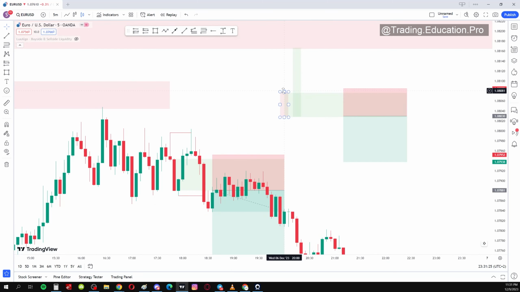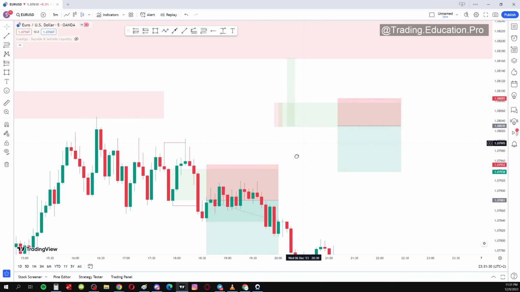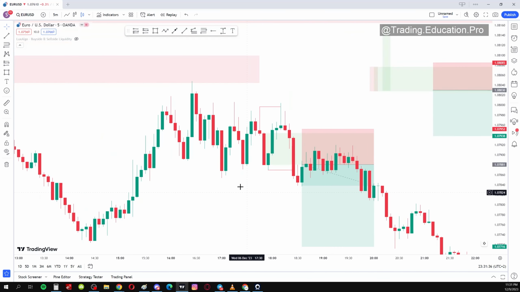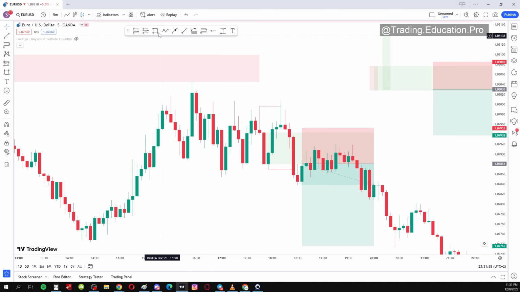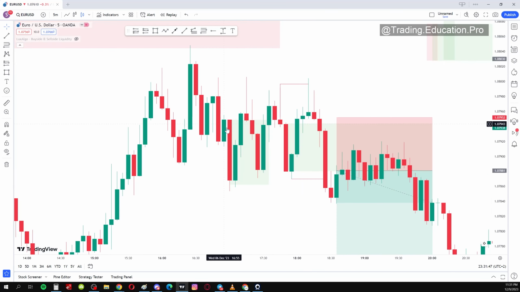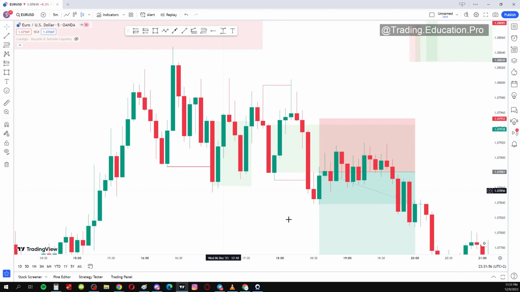An order block is the last red candle before the expansion, before the move happened. So in this case, these are all big order blocks. This red candle here, this one that took out this liquidity, okay, this candle.